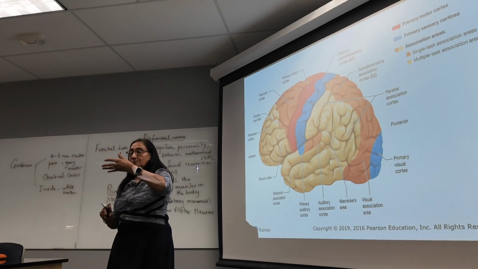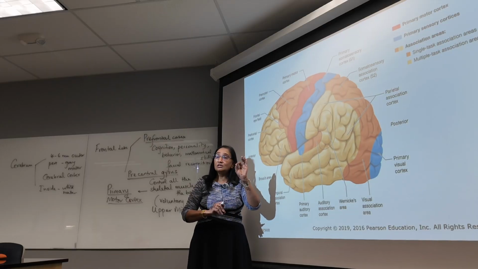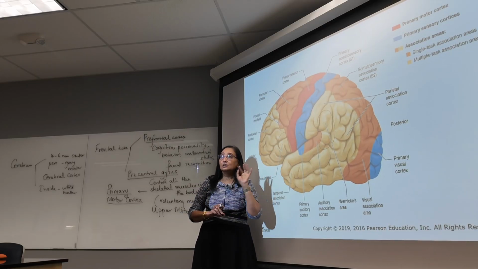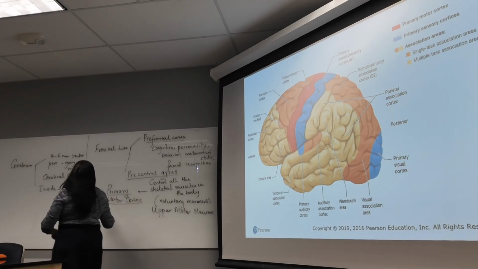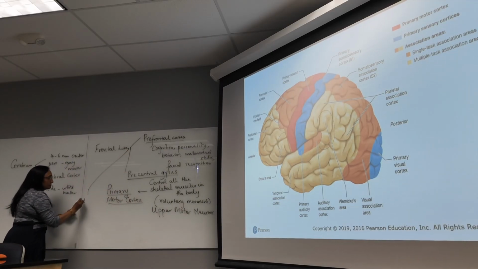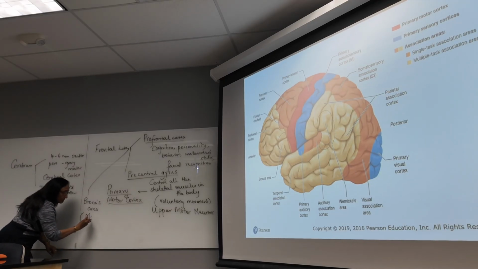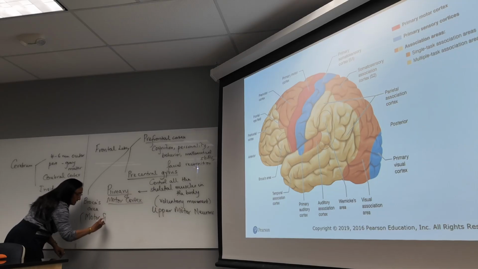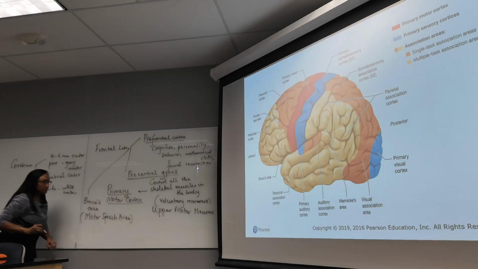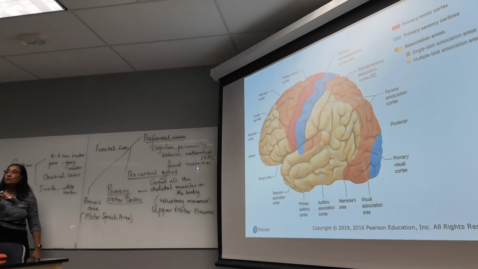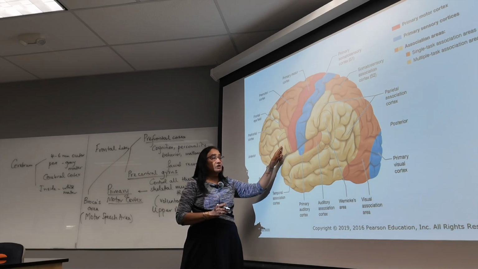This area has one main function, speech. This is called Broca's area, or the motor speech area. The neurons here control the muscles responsible for talking.